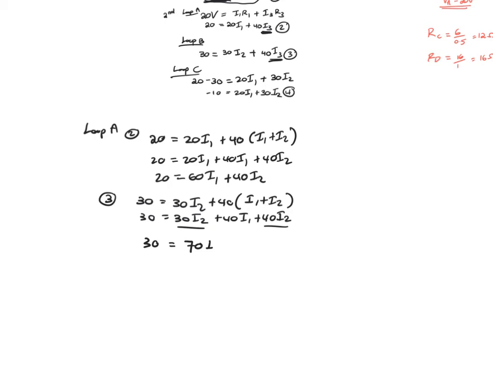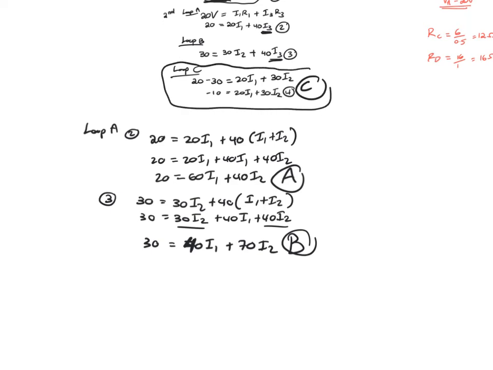I'll actually write I1 first, so 40 I1 plus 70 I2. So now I have equation A and equation B, as well as equation C here, where they're all linked to I1 and I2. I need all of my expressions to include the same unknowns so I can cancel them out.